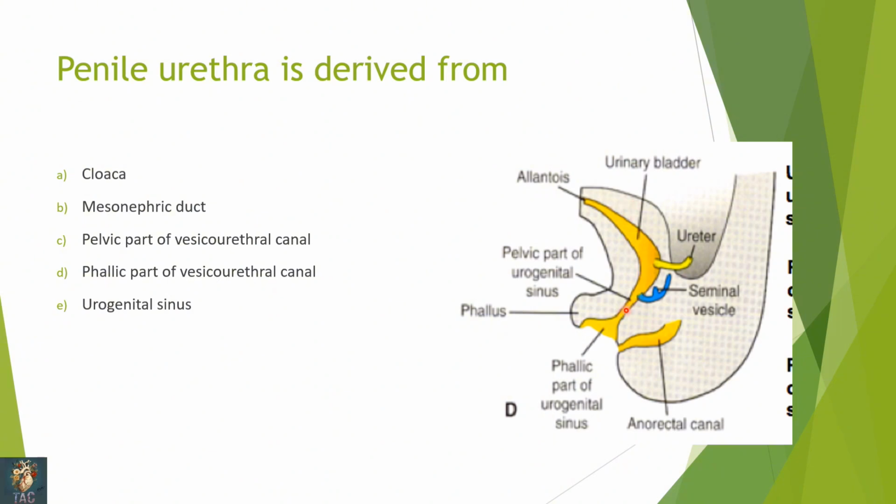The middle part, also called the pelvic part of the urogenital sinus, will form the prostatic part of the urethra and the membranous part of the urethra. And the phallic part of the vesicourethral canal, or urogenital sinus, will form the penile urethra, which is also called spongy. So the correct option here is D, the phallic part of the vesicourethral canal.